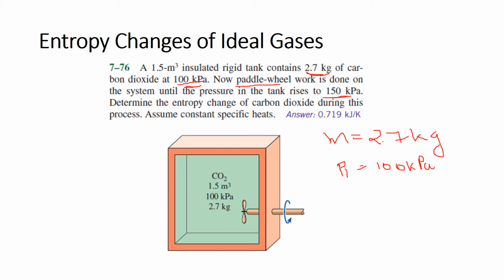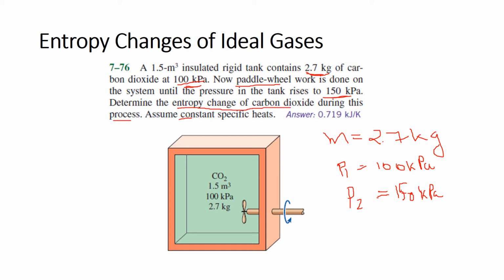Now the pressure is raised from P1 to P2, which is from 100 kilopascal to 150 kilopascal. What is the question asking you to find? It's asking you to find the entropy change of carbon dioxide during the process.